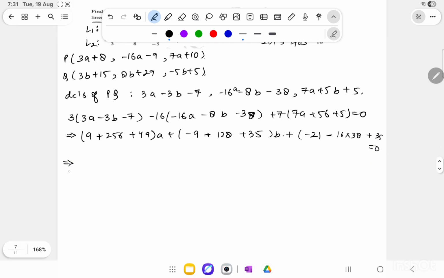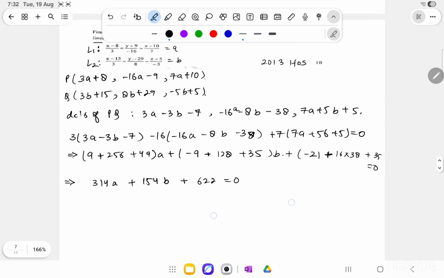If I further simplify it, I'll get 314a plus 154b plus 622 equals 0.